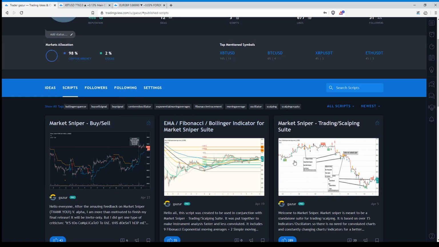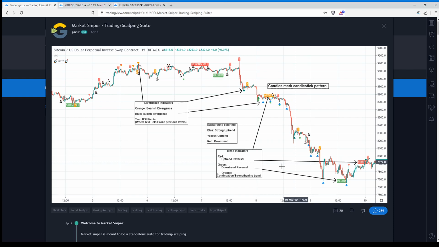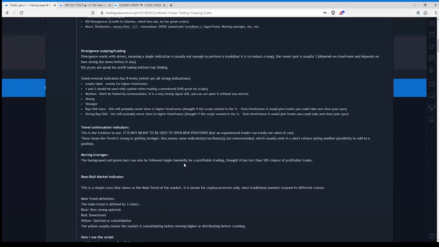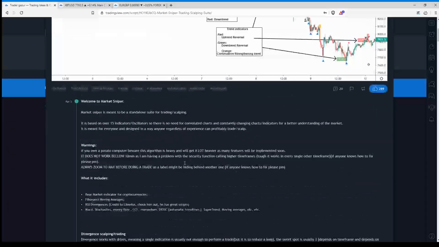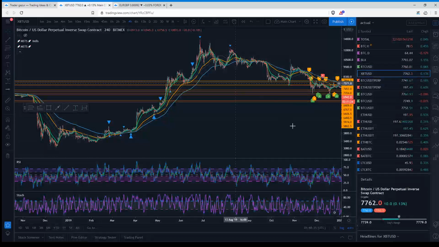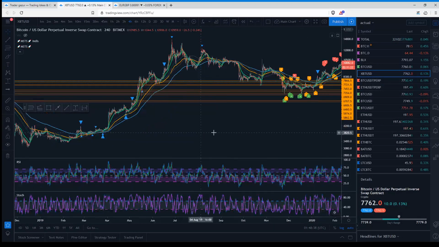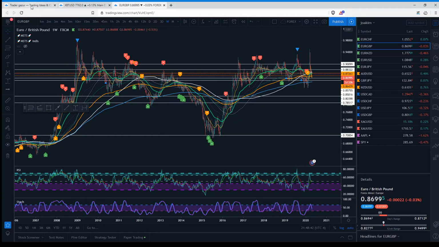I have an alpha version, much less sophisticated, but it works very well, and it has the divergence indicator. We were plotting divergences. I have it also to do it automatically to tell you where the divergences are, so you never miss one.